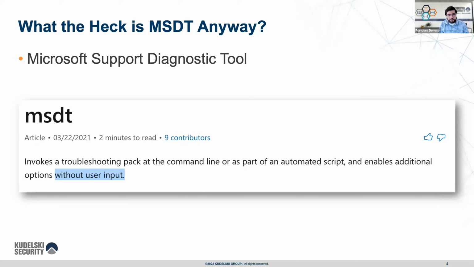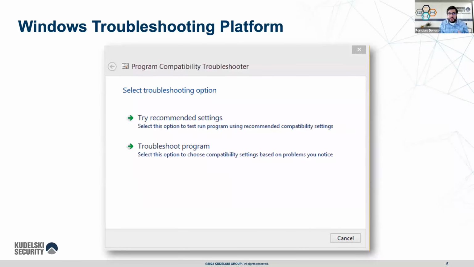So what you see on the screen right now is Microsoft's description of this tool, which again is to enable this type of automated diagnostics, automated troubleshooting without the need for user input. And what it does is it triggers a compatibility troubleshooter or any kind of troubleshooter that you've seen in the Windows operating system.